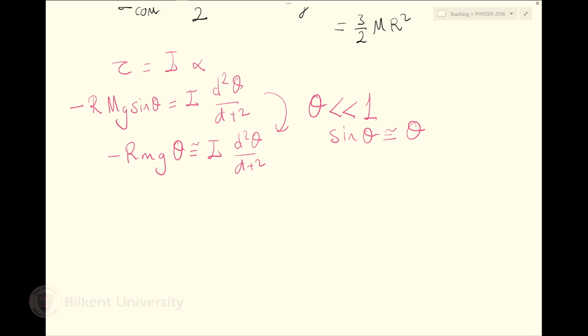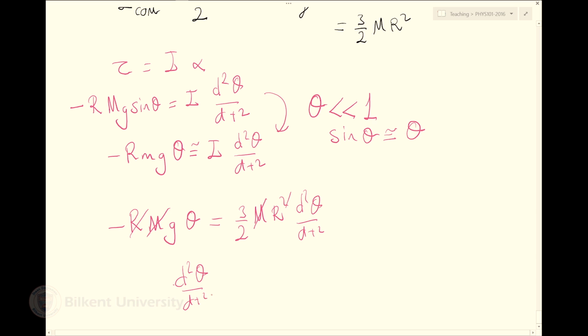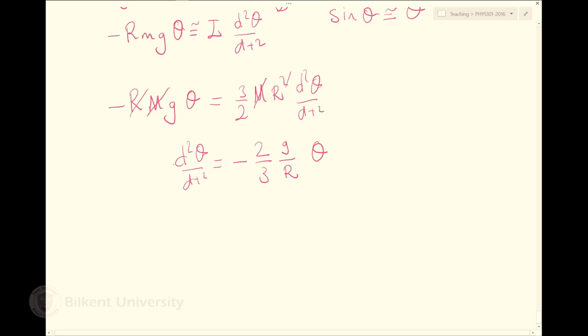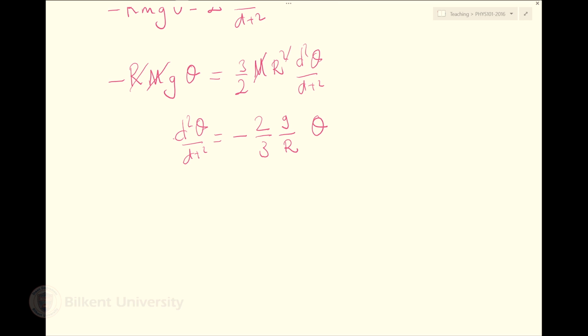So let's write that: r mg theta is 3/2 m r squared d squared theta over dt squared. The m's cancel, one power of r cancels, so d squared theta over dt squared is minus 2/3 g over r theta. That's the differential equation that I can solve.